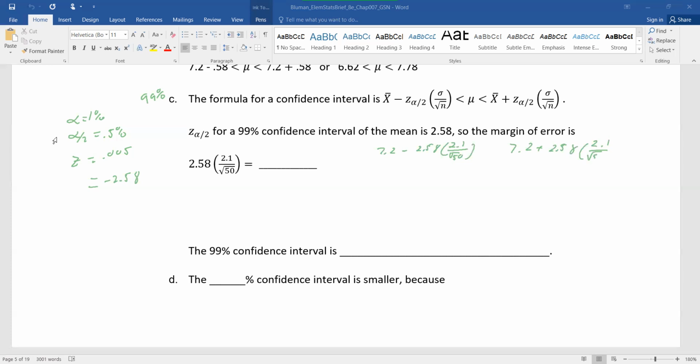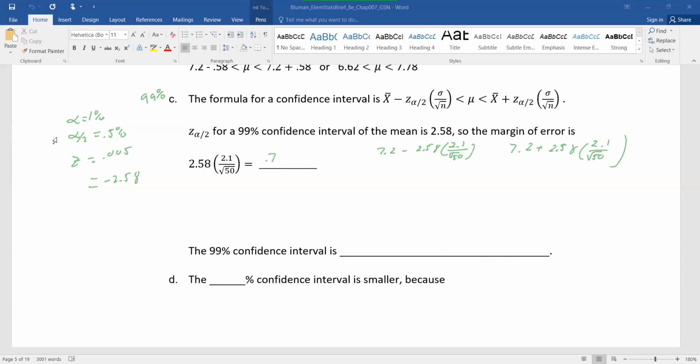2.1 over the square root of 50 is... So if you're trying to fill out these notes, what is 2.58 times 2.1 over the square root of 50? No, just that part. Okay, we'll talk about the final answer here in a second, but what's just this part? In your head?